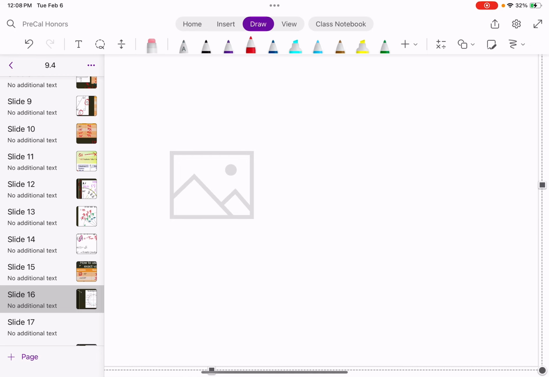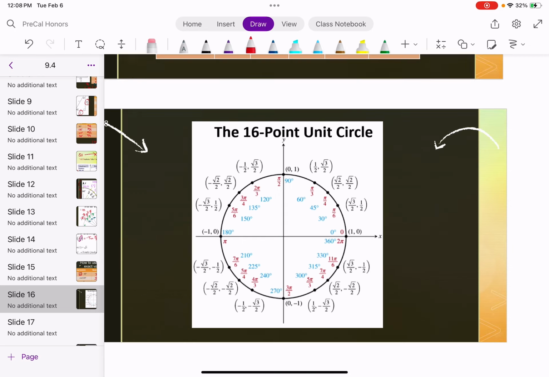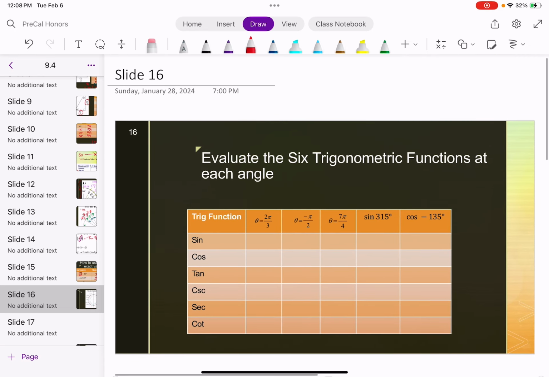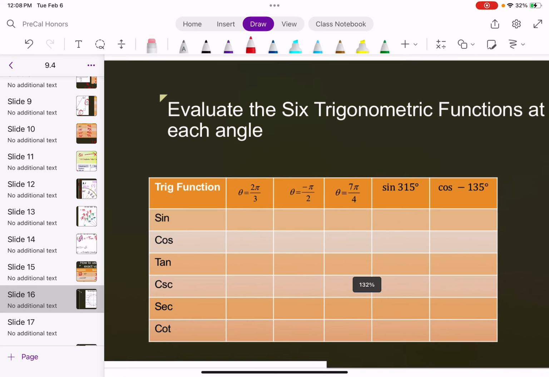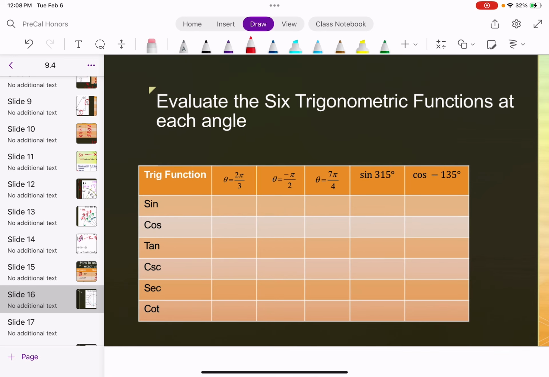Let's take a look at slide 16. Now, for this slide, what we're doing is we are taking a look at our original trig functions. So we have theta is equal to 2 pi over 3.